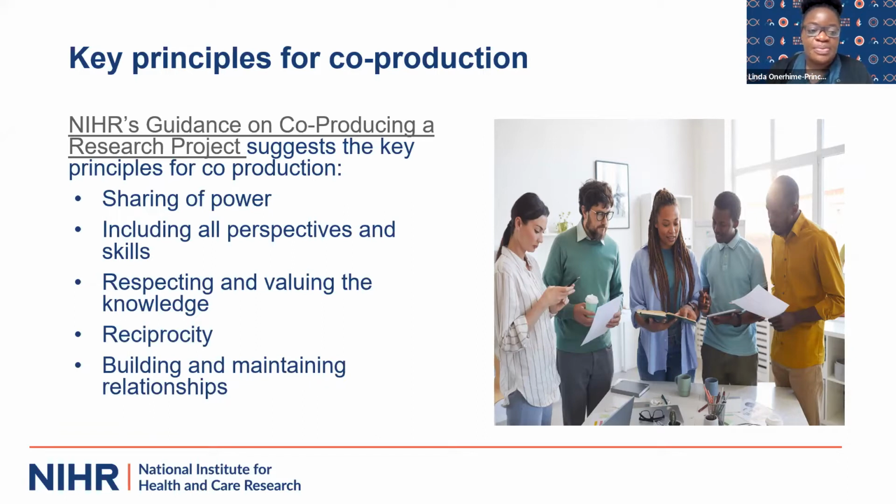The other principle is respecting and valuing the knowledge of all those working together on the research. So everyone is of equal importance, from the researcher to the members of the public involved in the research, and making sure that the researcher adheres to that and listens to the different perspectives and information coming from the public.